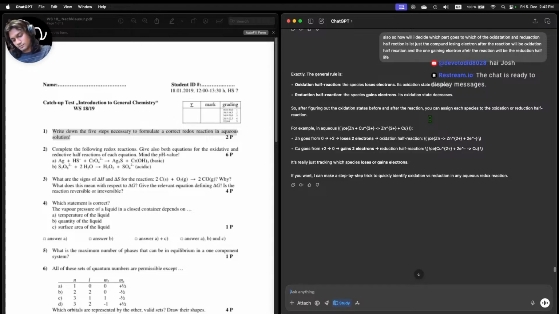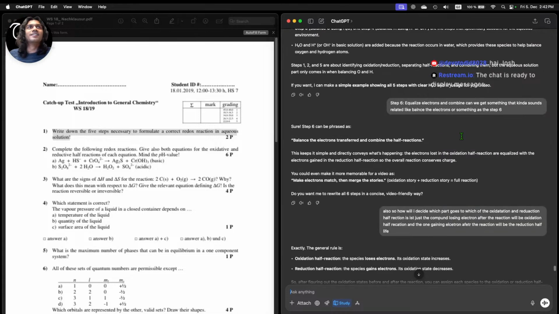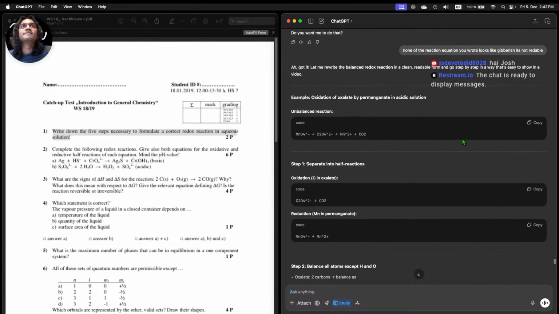Now, C2O4 2 minus to CO2. Now what is this? Wait. 2 minus.